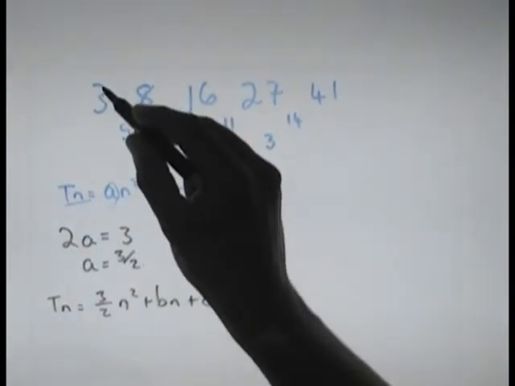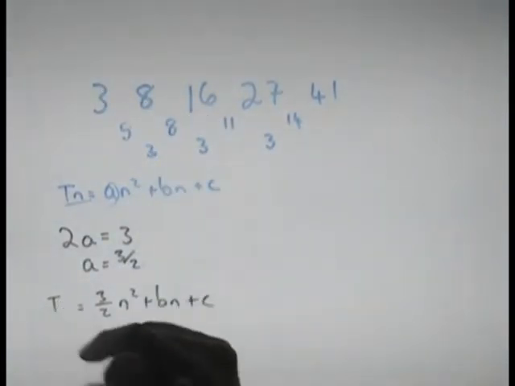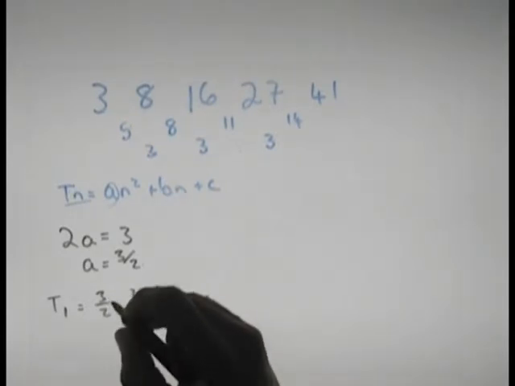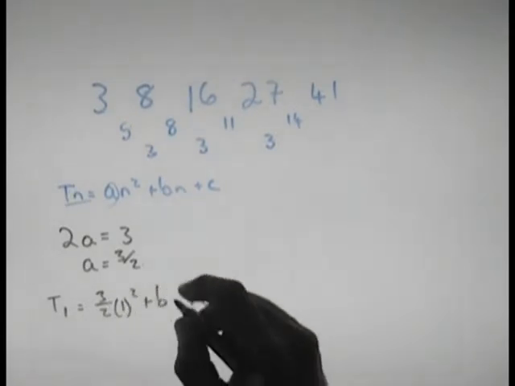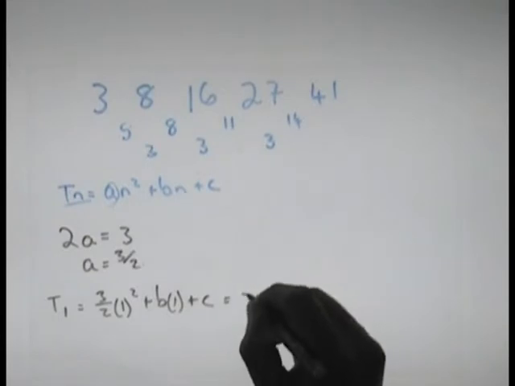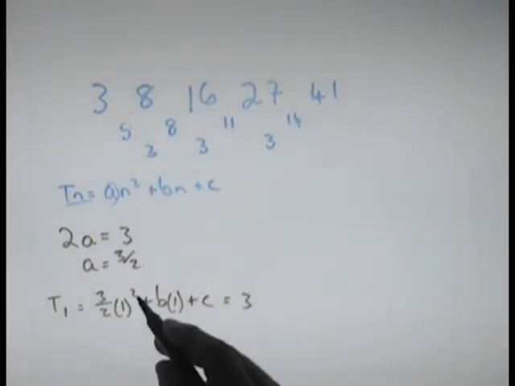But term 1 is 3. That means that T1 is equal to 3. 1 squared is 1.